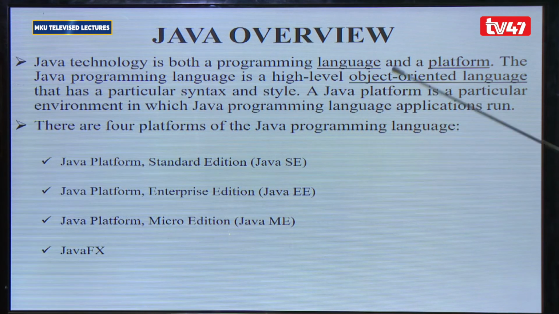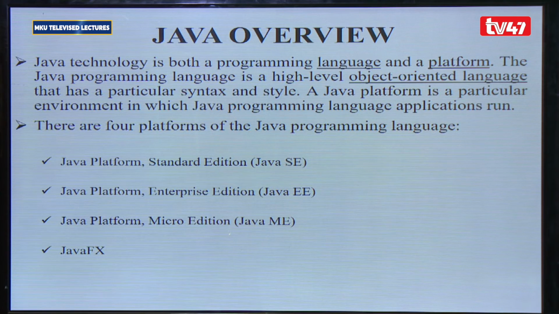So a Java platform has a particular environment in which Java programming has to run. There are 4 current platforms.